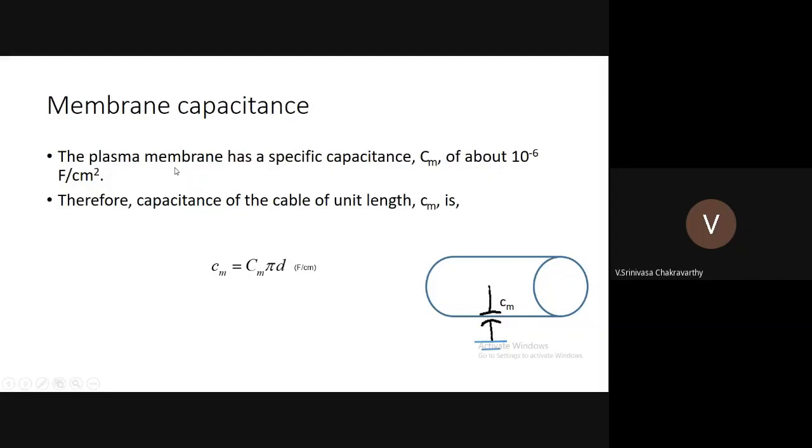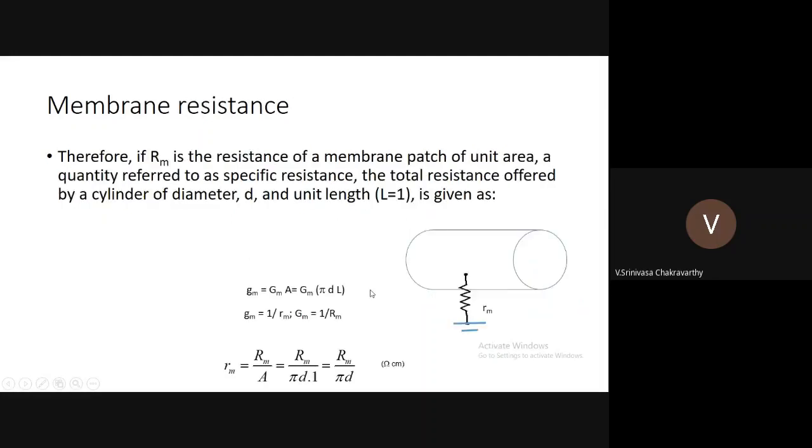Okay, so then the third quantity we have to define is membrane capacitance, because membrane also has a capacitance, right? And the specific capacitance, capital Cm of a neural membrane, is typically about 10 power minus 6 farads, that is 1 microfarad per centimeter square, because this is a property of the material of the membrane. It doesn't have anything to do with its lengths and all that. Therefore, the capacitance of a cable of unit length, just because the arguments are very similar to the previous case.